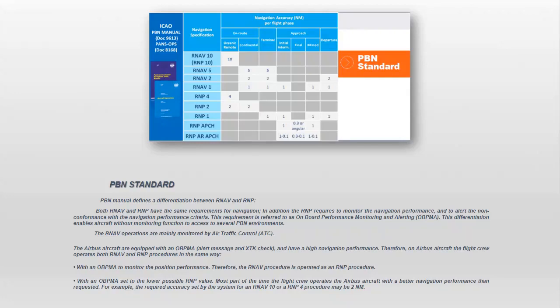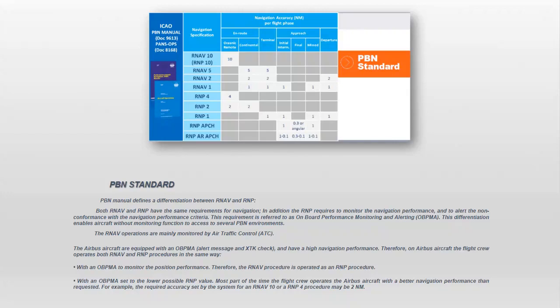This differentiation enables aircraft without monitoring function to access to several PBN environments. The RNAV operations are mainly monitored by Air Traffic Control, ATC. The Airbus aircraft are equipped with an onboard performance monitoring and alerting, alert message and cross-track deviation check, and have a high navigation performance.